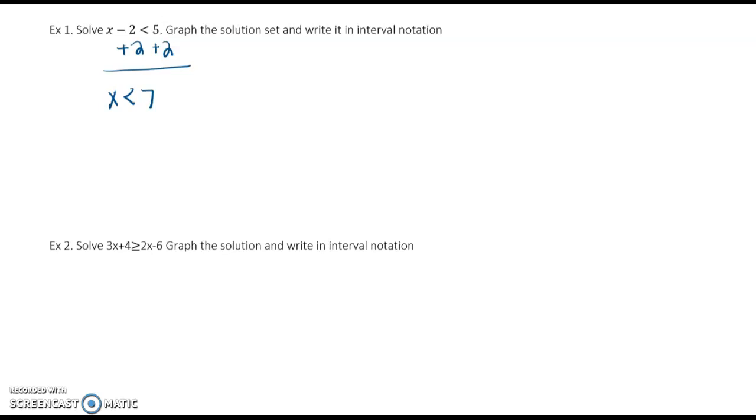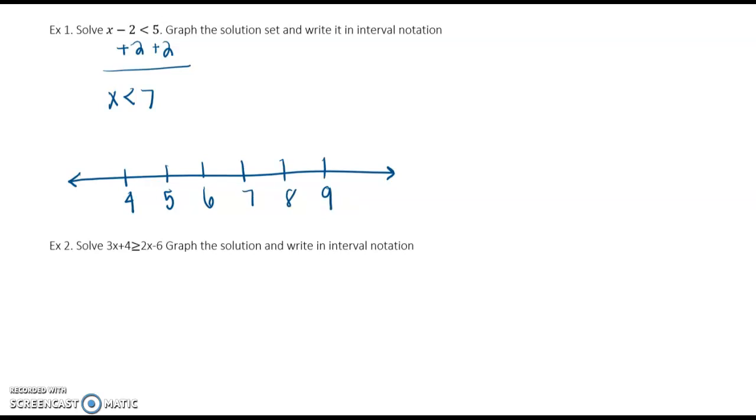So now I'm going to go ahead and graph it. We graph inequalities on number lines. And I'm just going to maybe start with 4, and maybe go all the way to 9.